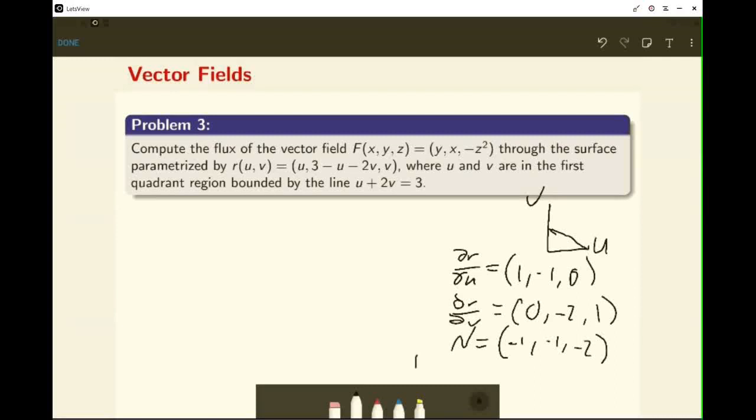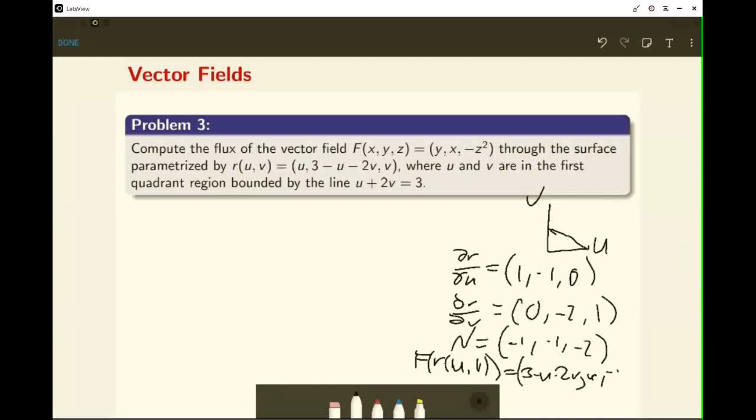Then we could think about what is the value of this function, f(r) of uv. The y component in the parameterization is 3 minus u minus 2v. The x component is u.